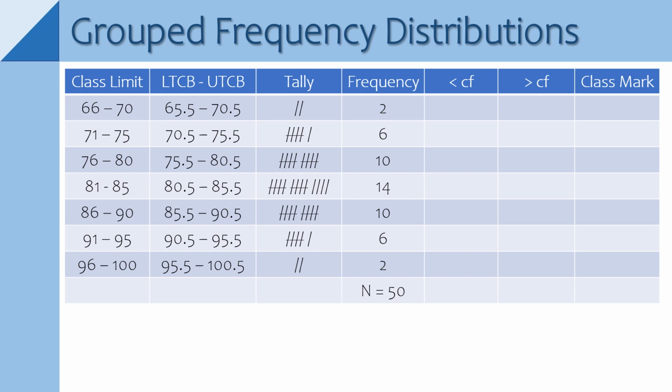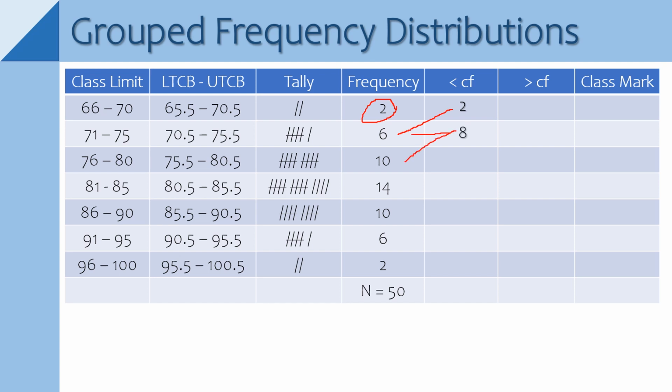Next column is the less than cumulative frequency. Sa cumulative frequency, ang gagawin lang natin, kukopihin natin yung first frequency or the low. Okay, so that is 2 and then add by 6. So 2 plus 6 is 8.